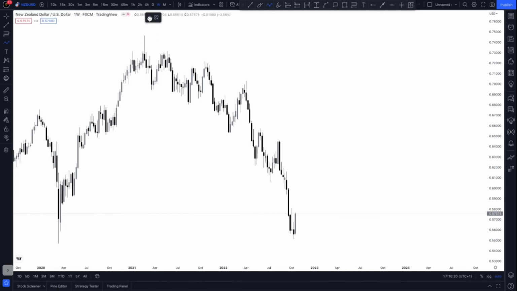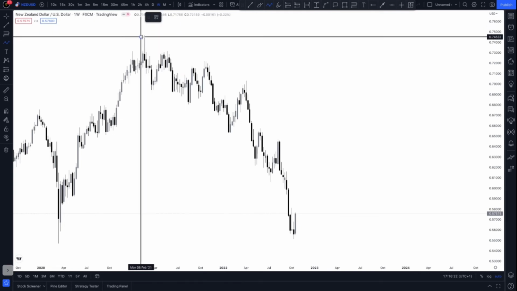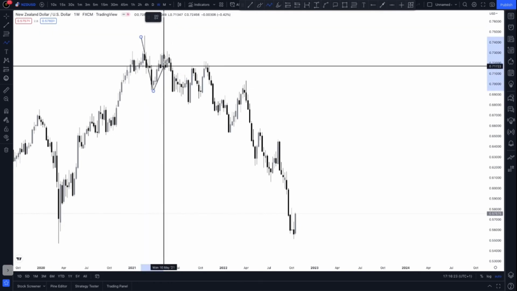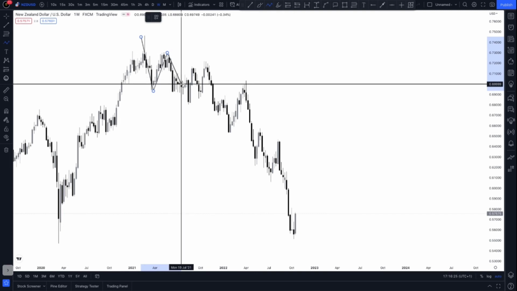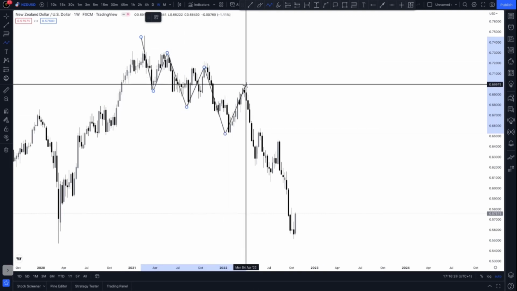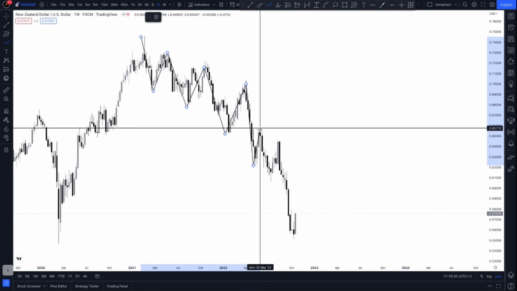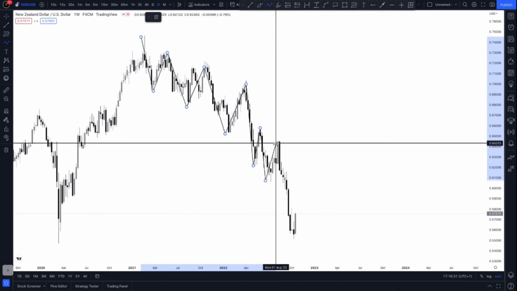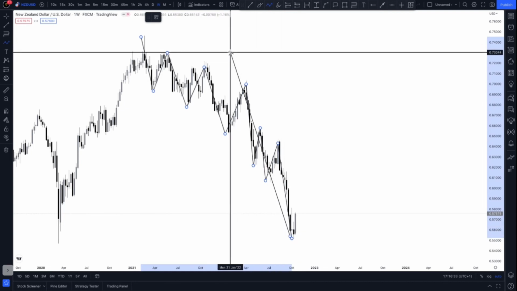The market is creating a series of lower lows and lower highs, taking us through to the downside, and also a lower low at that point there.